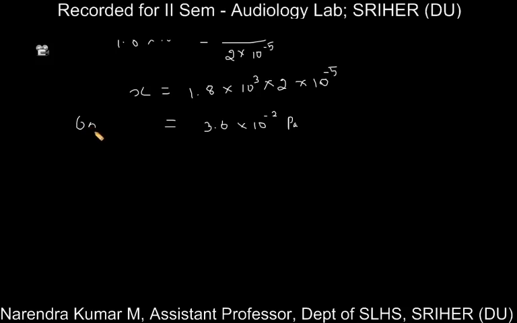Now 65 dB SPL corresponds to the absolute pressure of 3.6 into 10 to the power minus 2 pascals.